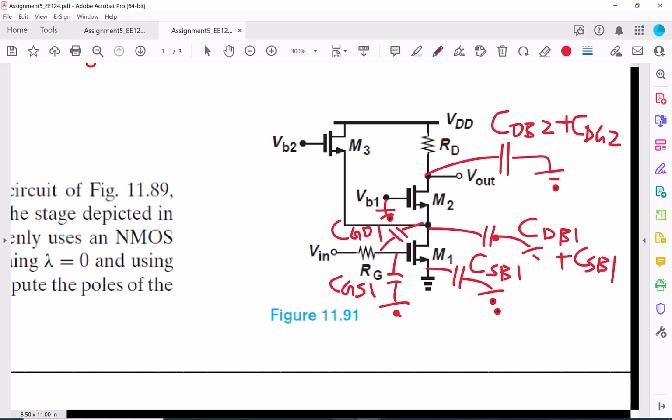I can combine it with this one, CGS2. So obviously this is wrong also, but no one pointed it out. This is not CSB2. What is that? How do I erase? SB2.